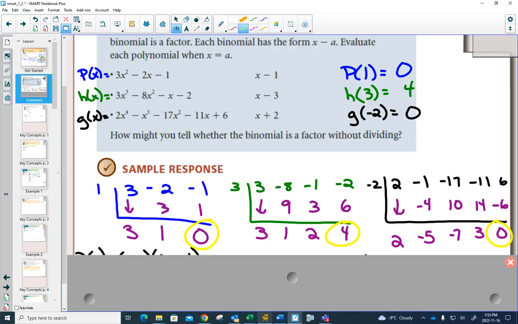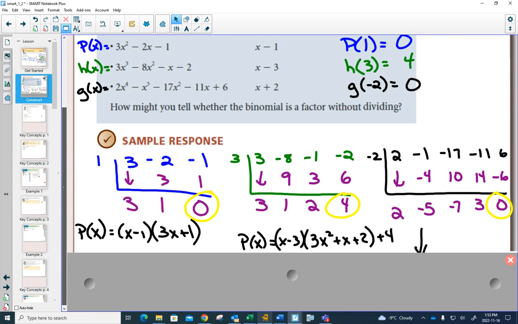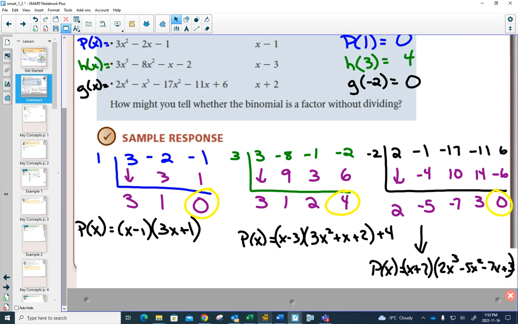Well, pretty cool. I have to change the letters here because I changed this one and this one. I changed this one, which was my green one. This was h of x, and this was my black one. This one was g of x.